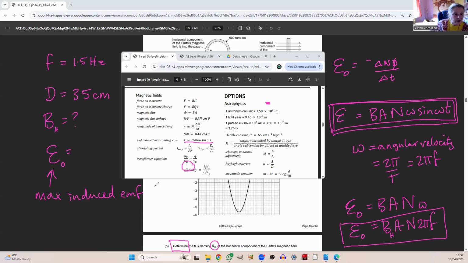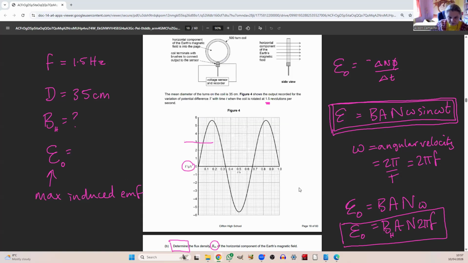Right, so now let me get rid of the data sheet again. Now we're going to determine our BH. So I'm going to rearrange this bottom right-hand equation, and I'm going to write BH as the subject of the equation.